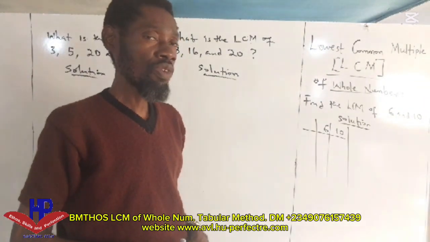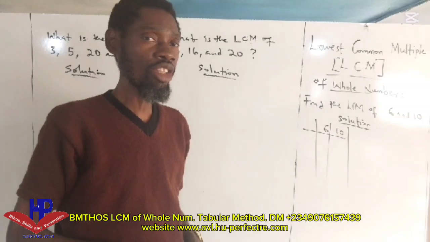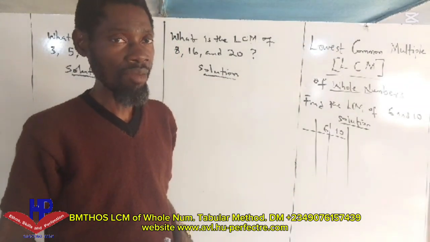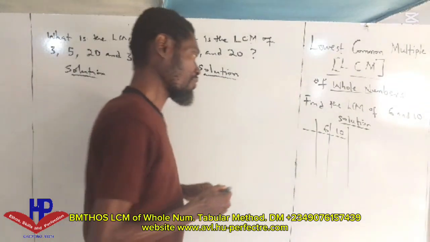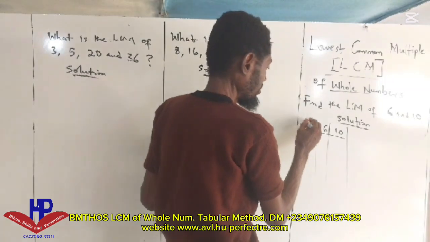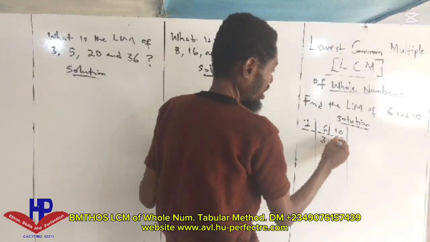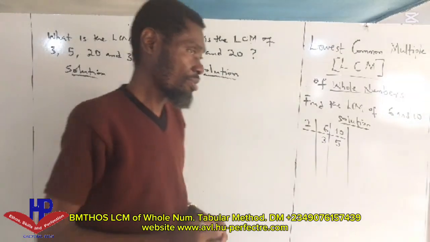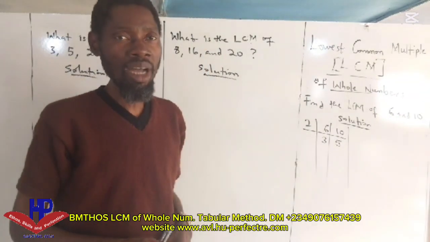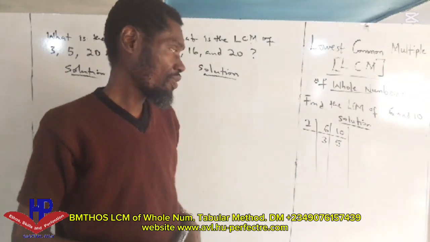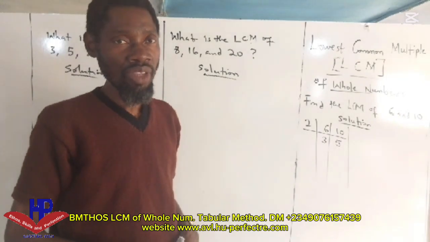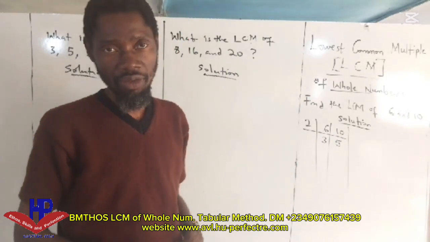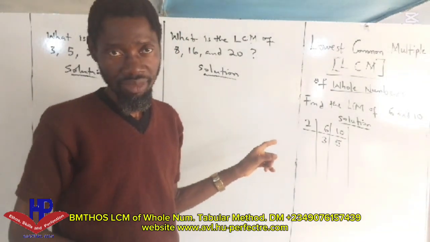First of all, look for the factor that will divide all the numbers at the same time. Let's see, 2 can divide 6 and 10. 2, 3, and 5. What can divide 3 and 5 at the same time? If there's no number that can divide 3 and 5 at the same time, then each of the numbers will divide itself for LCM.